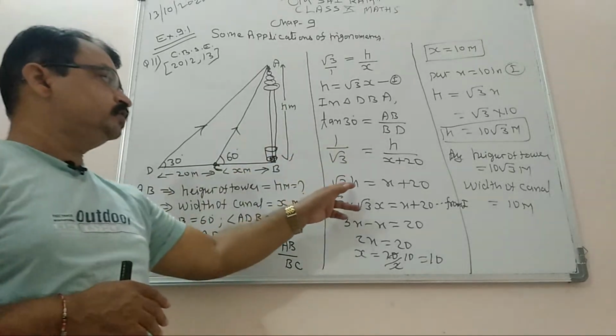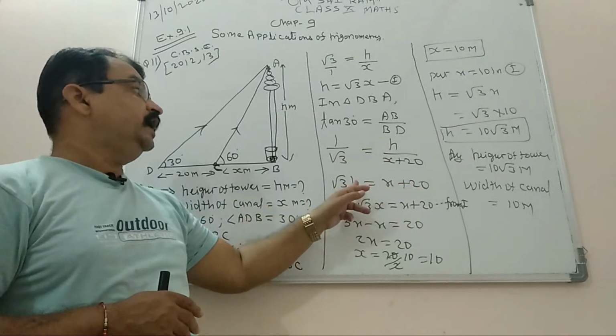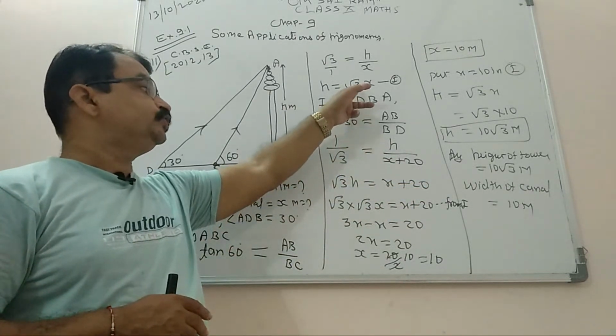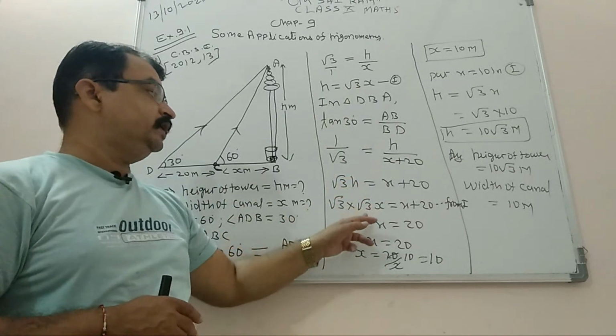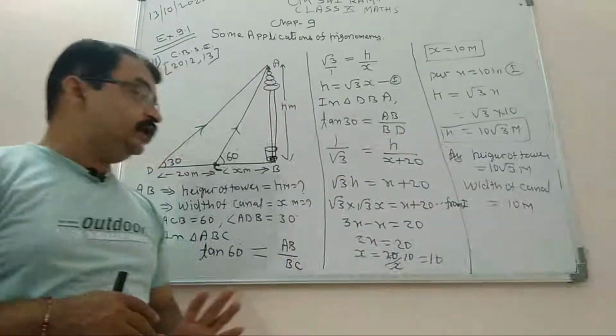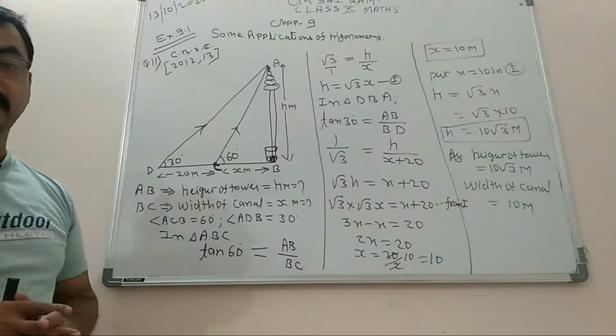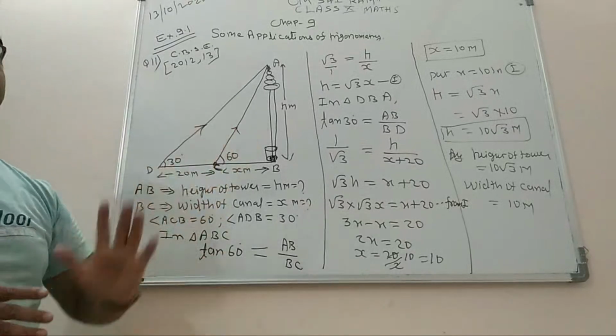We got by cross multiplication, root 3h equal to x plus 20. H value we already got in equation, root 3x. So put h as root 3x, root 3 times root 3x we will get 3x, minus x equal to 20, so x we got 10. Now put this x value in equation 1, so our h will be clear.